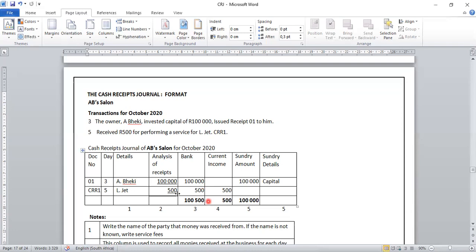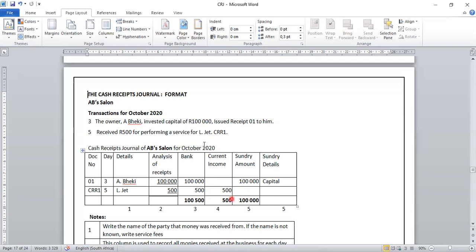So why are we receiving this money? We are receiving this money because we have provided a service, and our column for services is our current income column. So the 500 Rand will go to our current income column, and then we are not going to fill in the sundry account column.